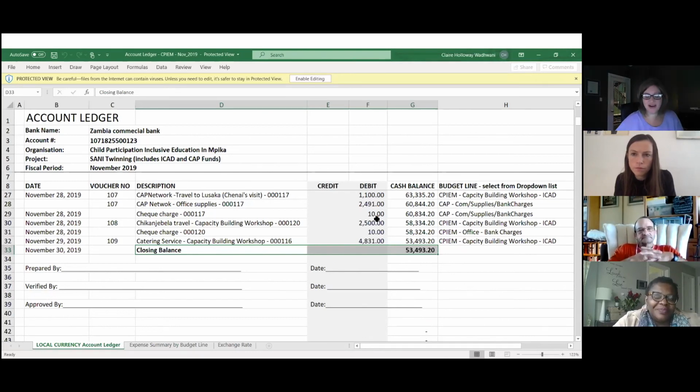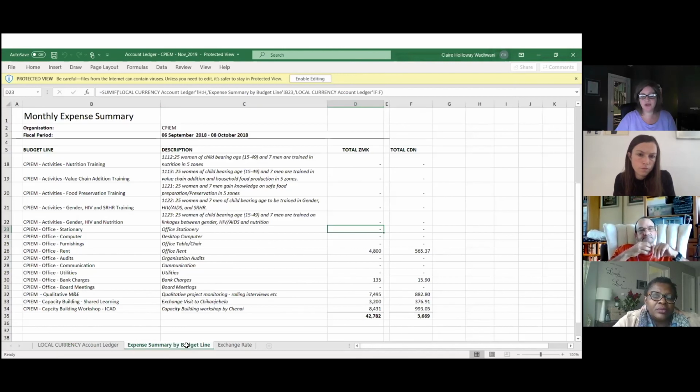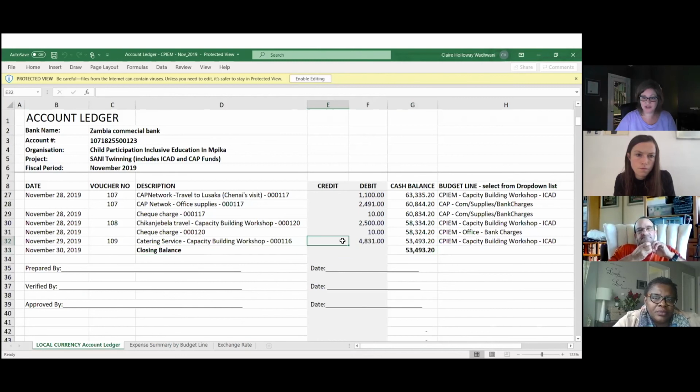Yes, so in this case, Cap Network was basically the funding partner. Well, the funds were coming from someone else, but we required a report every month on that month's expenses. But Prerine didn't actually have to do any work to create this report, because all she needed to do was update the ledger.